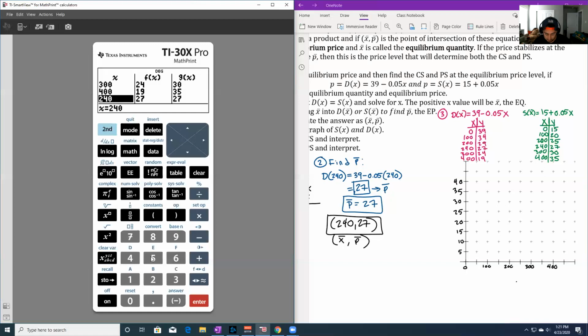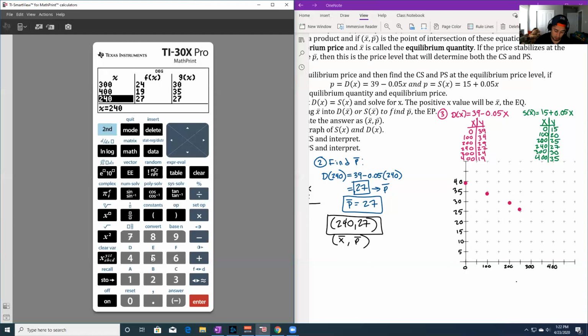Now graphing. I'll keep them the same colors. So 0 and 39 is for the first function, so probably right around there. 134, right there. 229, right there. 240 and 27, so put that right around here.